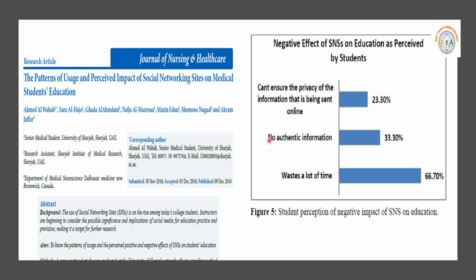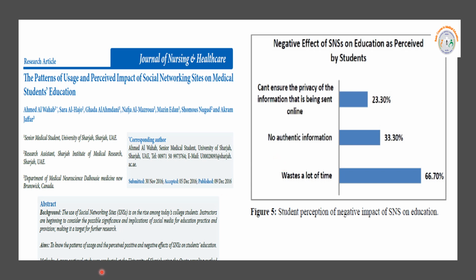So authenticity is a problem, and there will be a lot of wasted time, because these sites can be used not only for educational purposes but also for many non-educational purposes. If you are planning to read something on respiratory medicine or respiratory physiology from these sites, then while going to the specific site, you waste so much time on other sites.